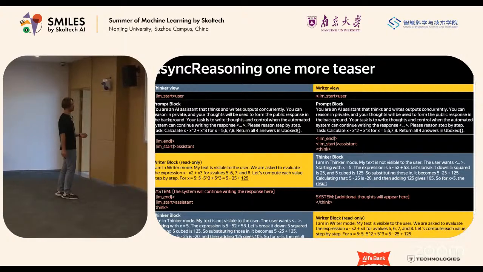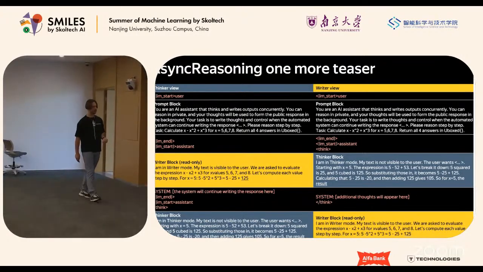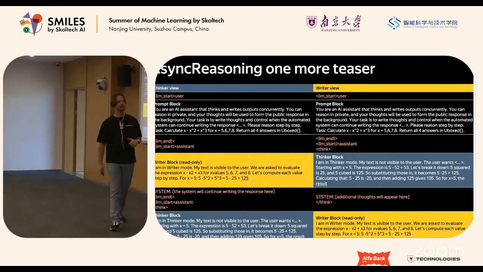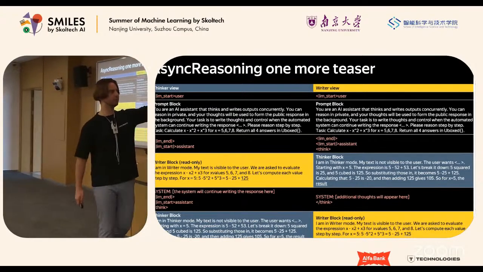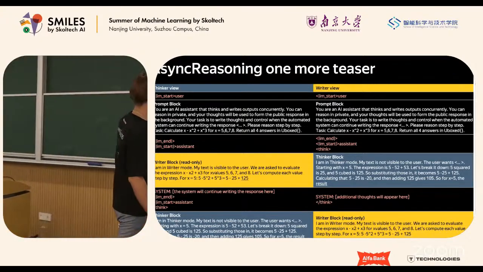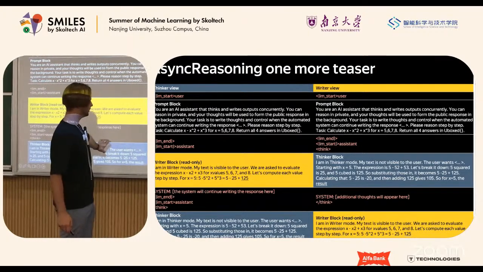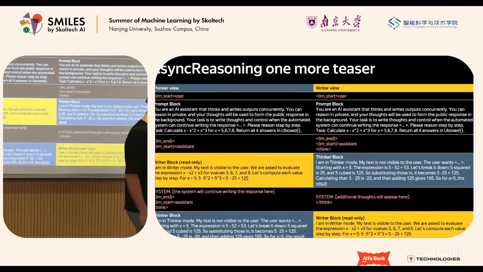This is more text than it was before, but the idea is the same. We have cache blocks, and we have a common cache at the top. Then the thinker, well, let's start with the writer. The writer sees the thinker's block's current output as its own thoughts in the reasoning trace.